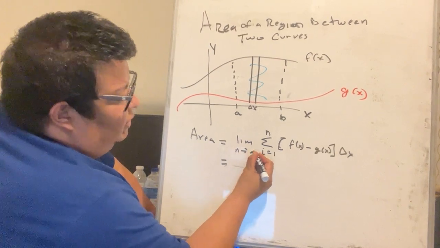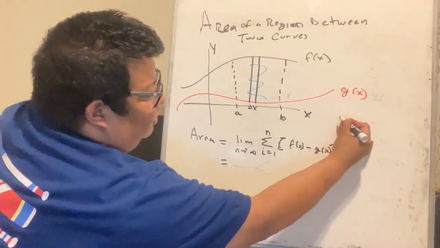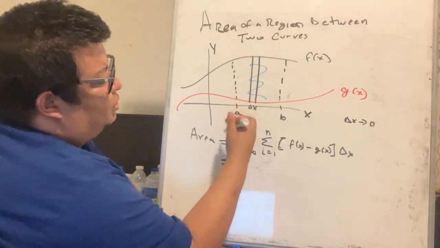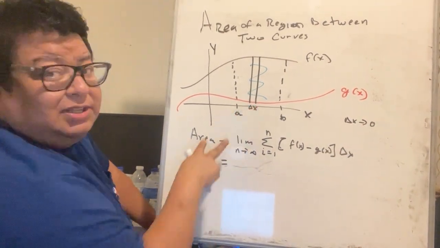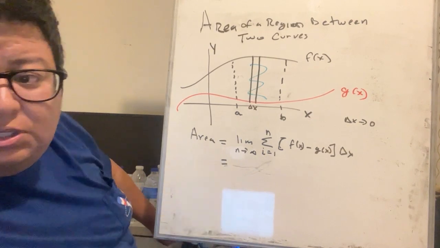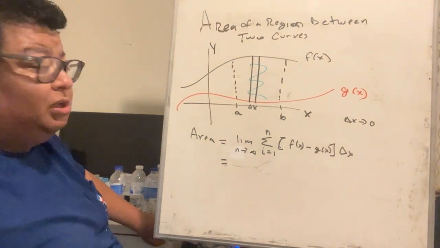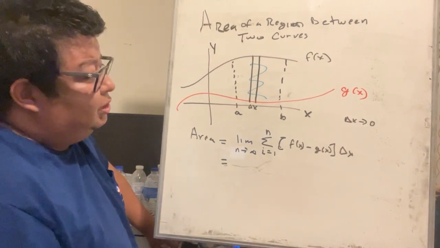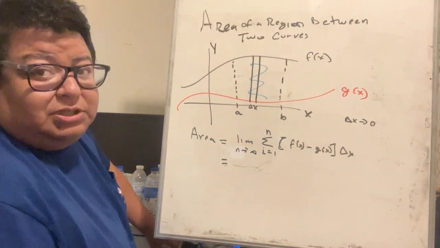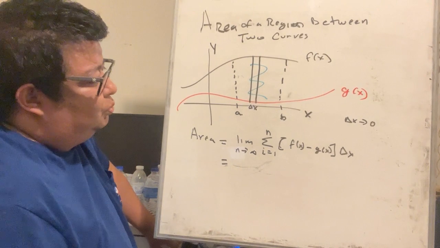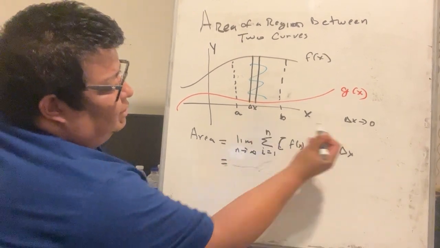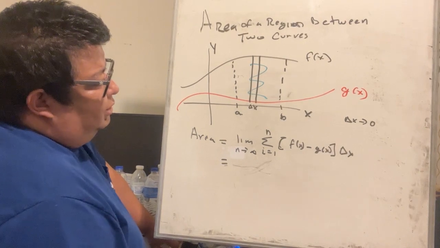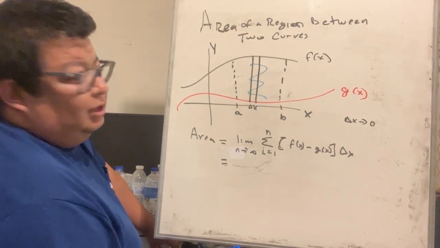As n approaches infinity, and delta x approaches 0, you can make this approximation as closely as we want. When you let delta x approach 0, then you get the area of the region.